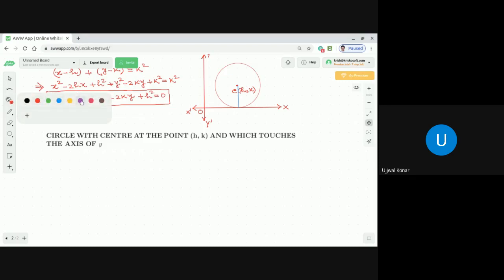So let me use a different color, dear students. Now I'm going to draw the y-axis first because the circle is touching the y-axis.